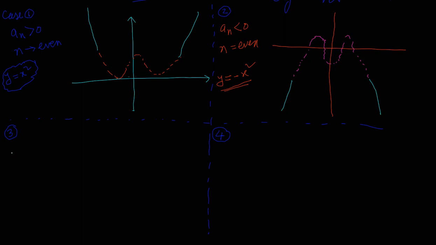What about case 3? In case 3, a_n is greater than 0 but n is odd this time. The end behavior will be similar to y equals x cubed.